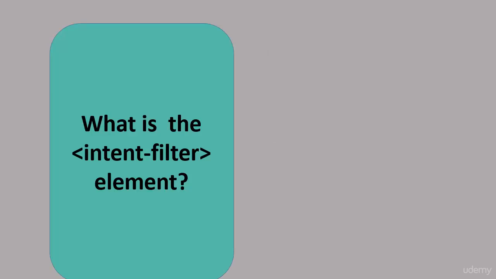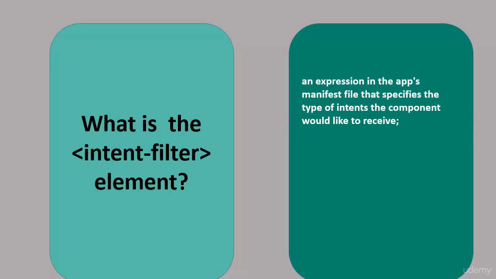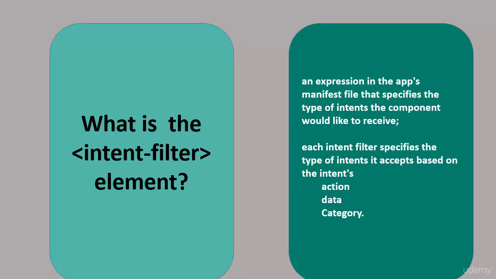What is the intent filter element? The intent filter element is an expression in the application's manifest file, which specifies the type of intents the component would like to receive. Each intent filter specifies the type of intents it accepts based on the intents: first, action; second, data; third, category.